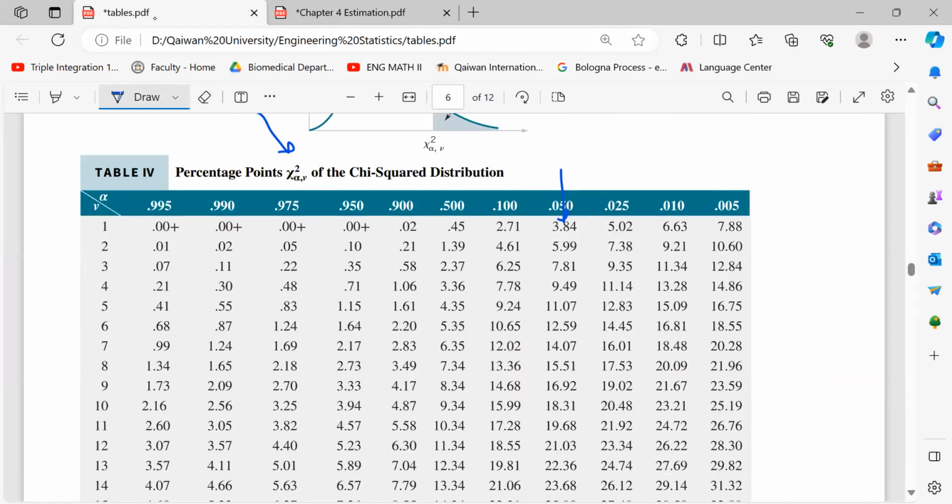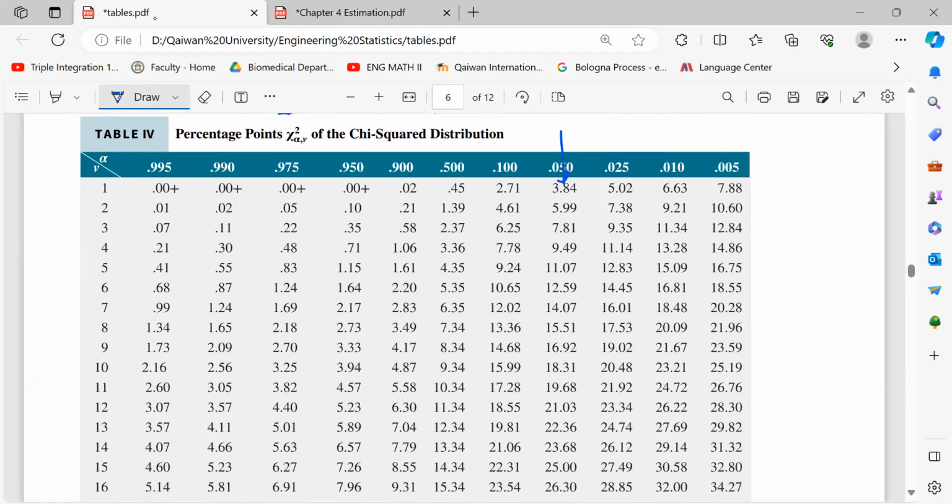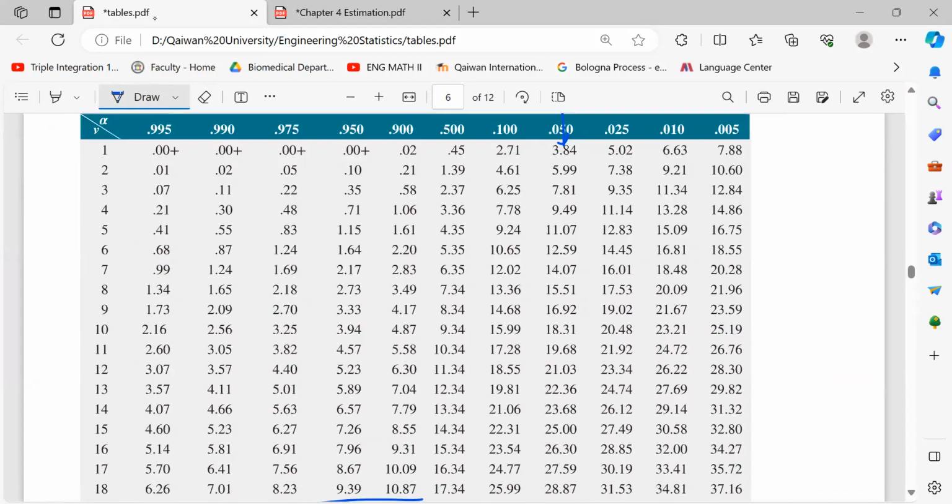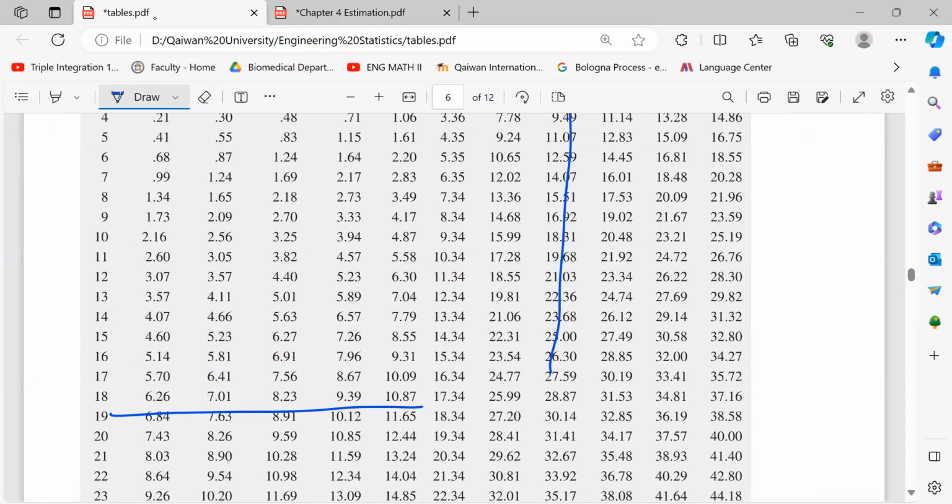We look for 19 in the other column. This is 19, and here it is 30.14. Okay? That's how to use the chi-square table.